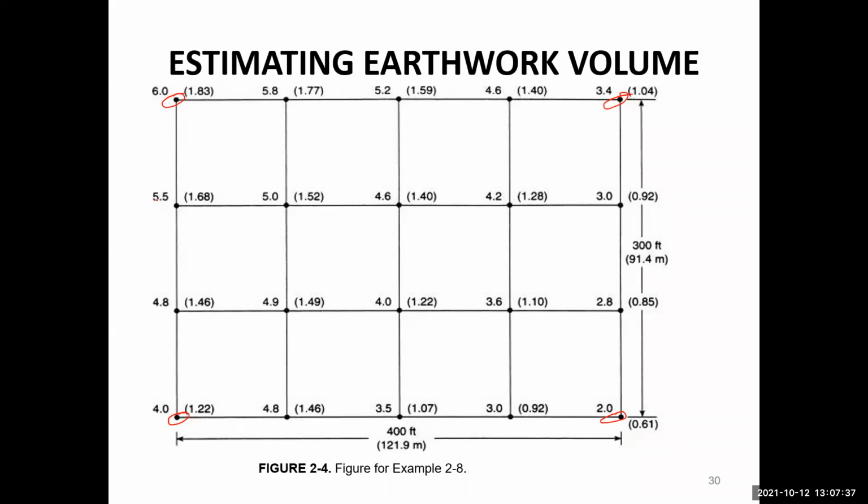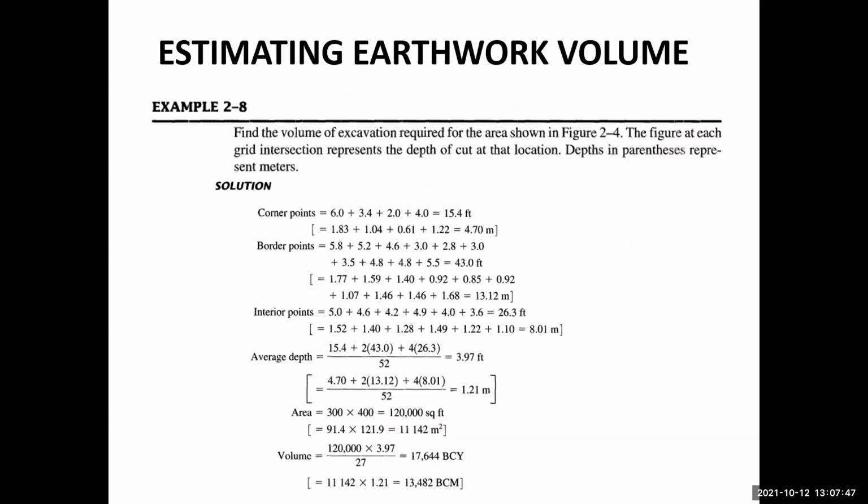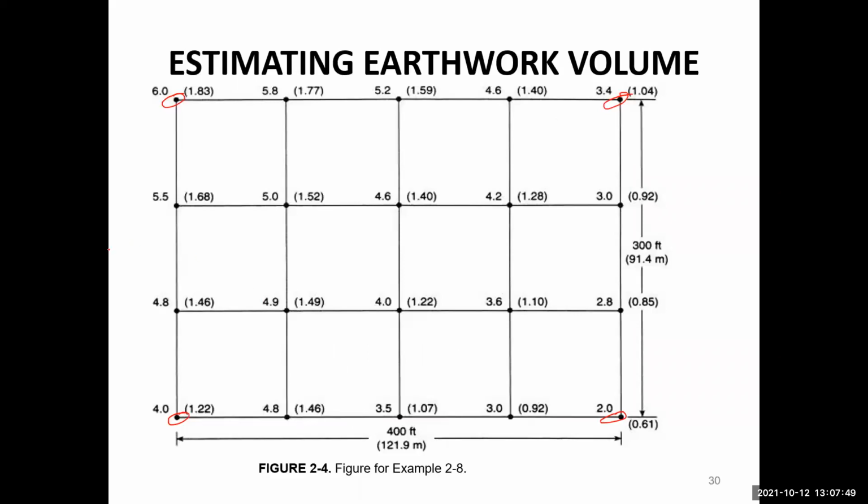And there are other 10 points, which are the side points, which are the border points. So these points over here, here, here, here, here. So these are the border points.